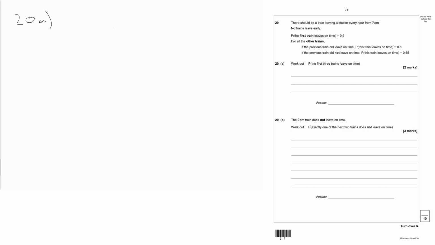So we can represent this with a tree diagram. I'm just going to call train 1 T1. And we can just start building this out. So we've got T1 on time, and that's 0.9.